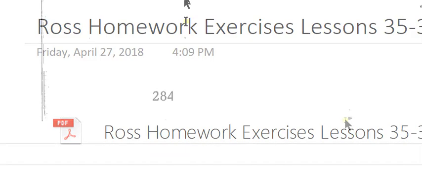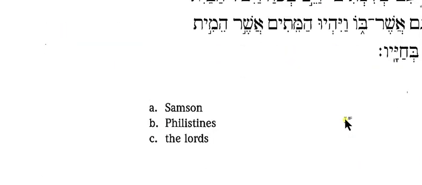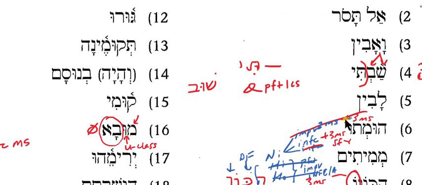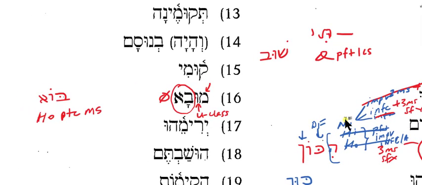Now, can we translate it? What does bo mean in the qal? Let's say to go in. In the hiphil, what does it mean? To bring in. And the hophal makes the hiphil meaning passive. So this would be brought in. Okay?